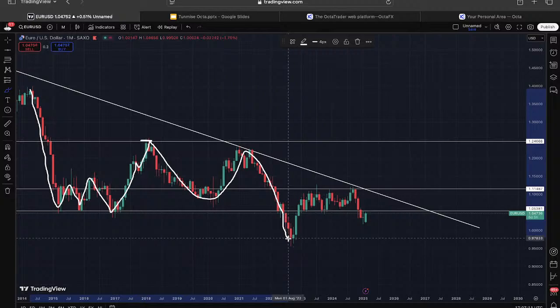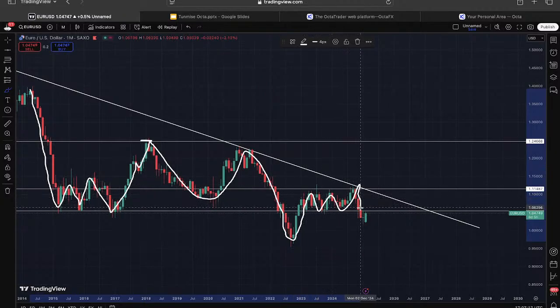Broke through the second support, then went back up, ranged in this box, broke down into this level, and now price is currently at this level.